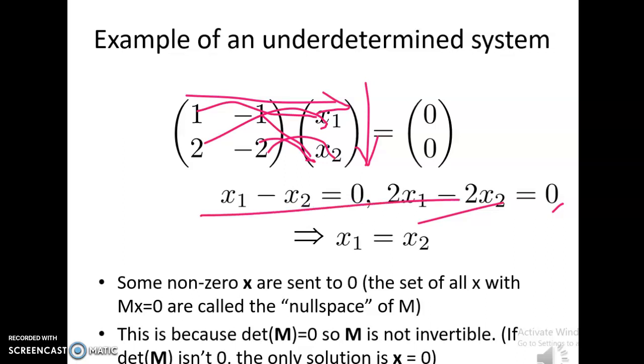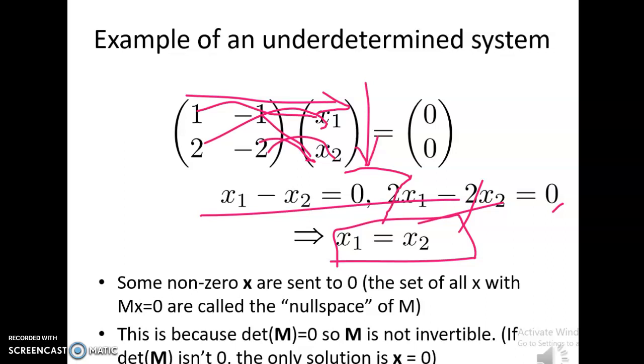Add everything. So x1 minus x2, then 2x1 minus 2x2, the 2 cancels. After that, x1 equal to x2.